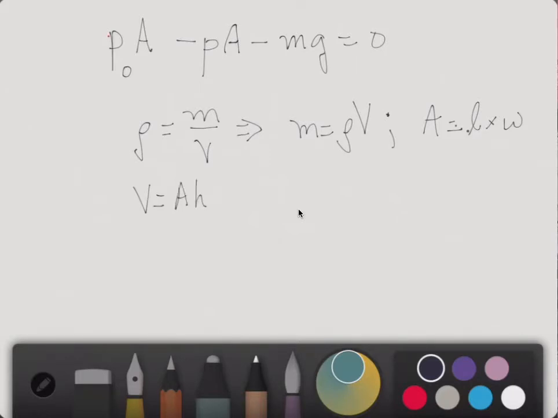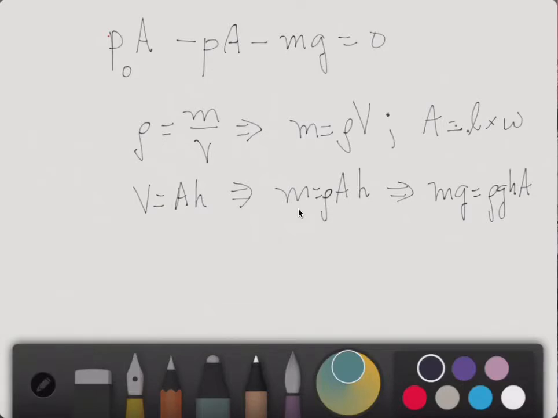Okay, so we can substitute this back into our mass equation. This implies that mass is going to be rho times our area times our height. So this implies that mg is just going to end up being rho g h A.